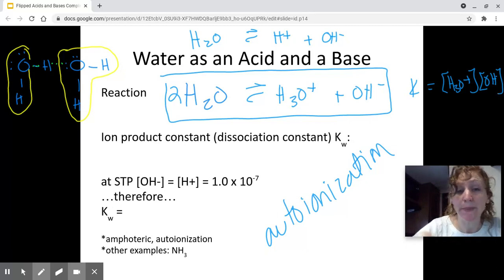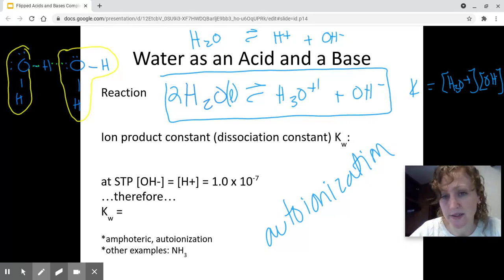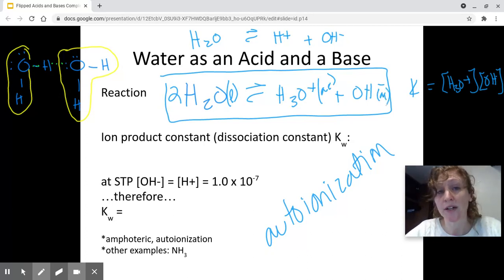So what that means is the denominator is 1. The ions are aqueous, obviously. The water is going to be a liquid, so the water doesn't actually get incorporated into this equation.